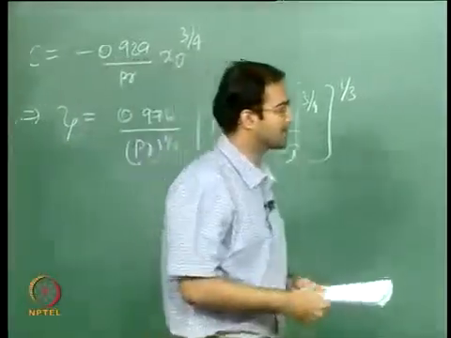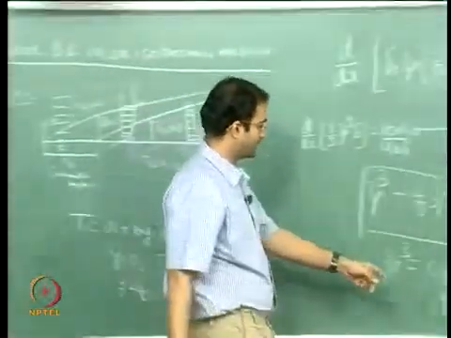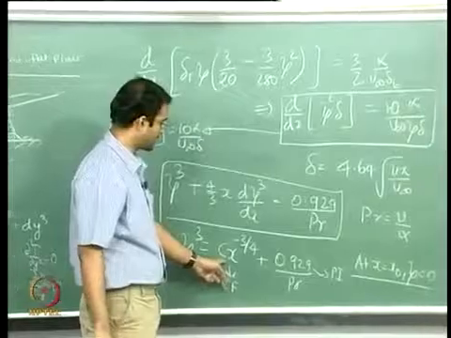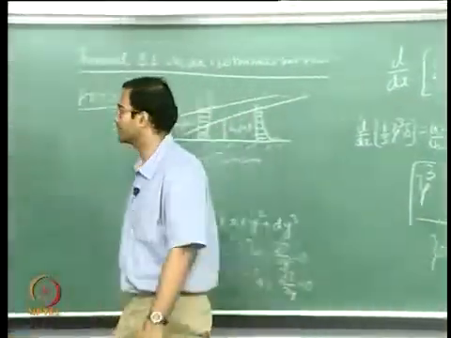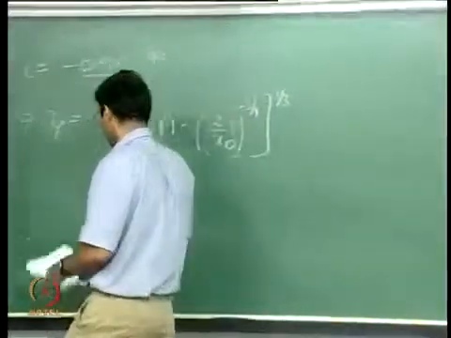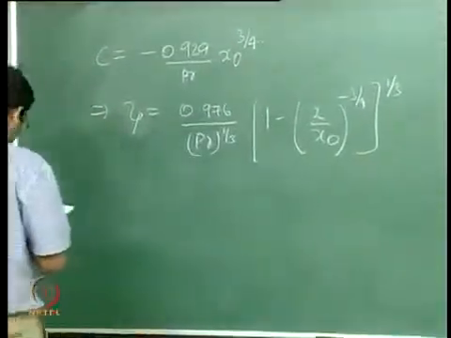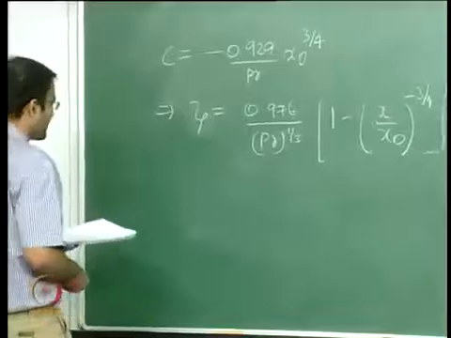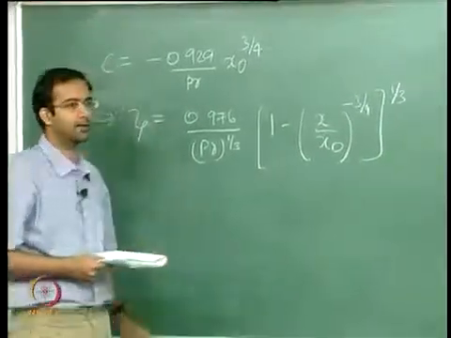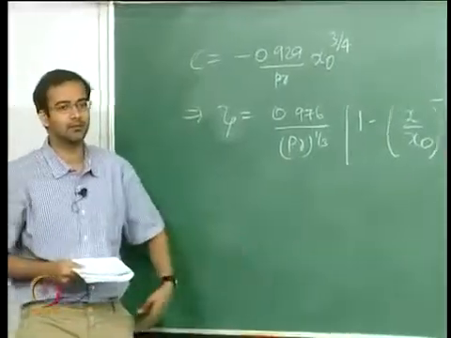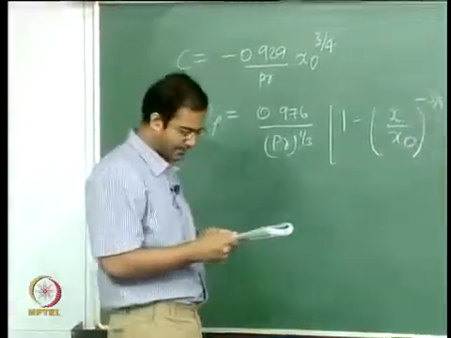So I am substituting for C into this expression right here, and I will get the final expression for zeta. Now this is done. Therefore we now know the thermal boundary layer thickness expression, because zeta is nothing but delta T by delta, and delta is already known, so we can find the expression for delta T.